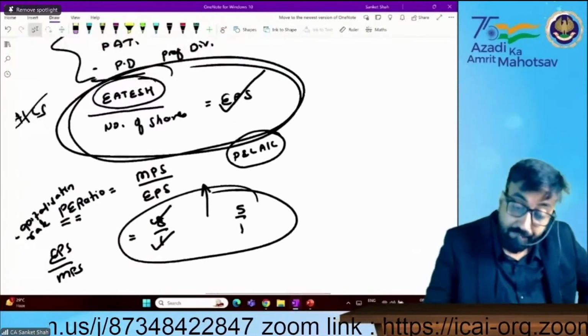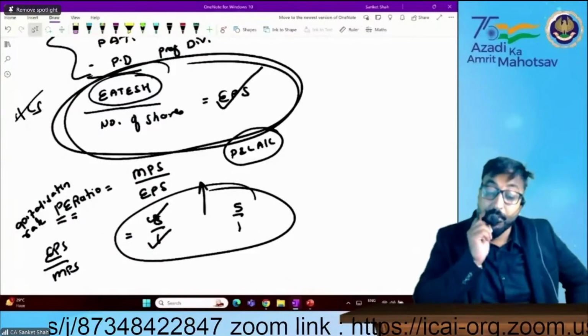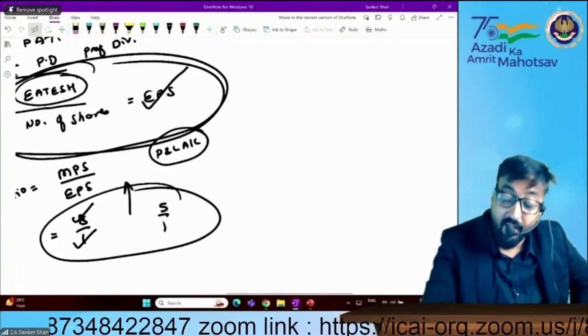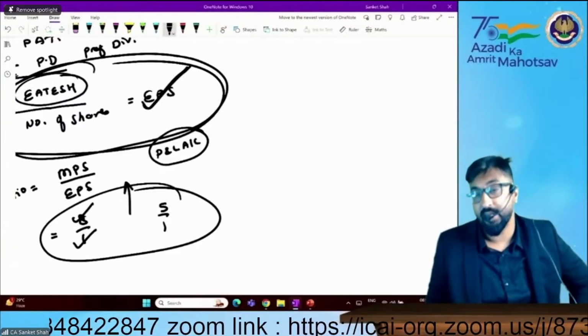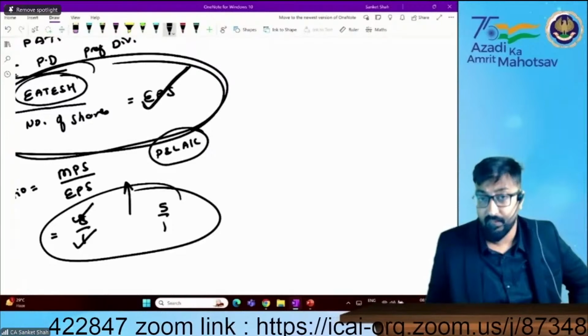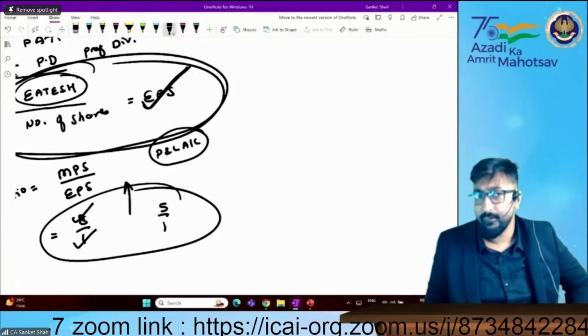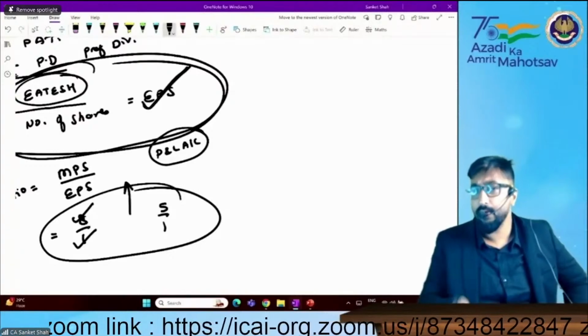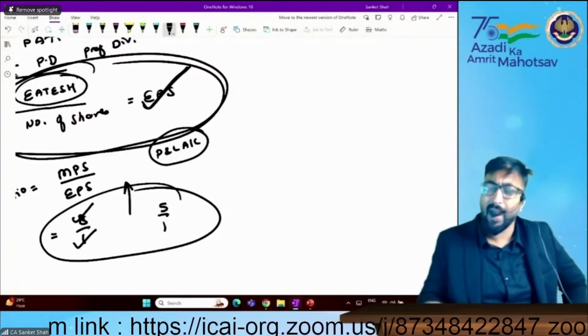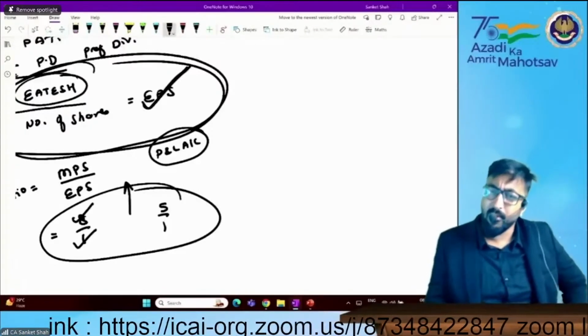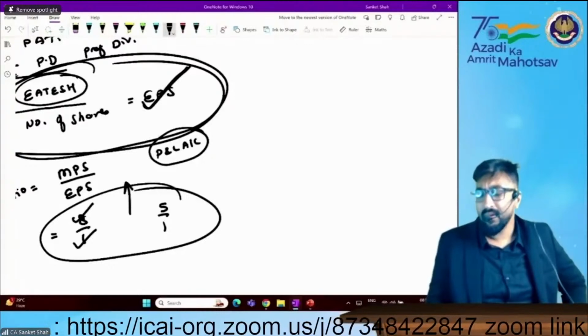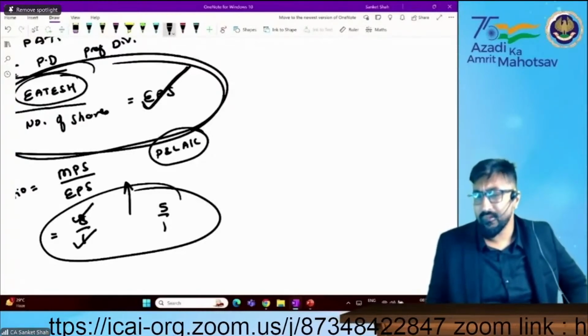Now, EBIT divided by number of shares, that is how we calculated earning per share. Sir, the question is, it's very simple. Then why do we need this accounting standard? Why was an accounting standard introduced? In financial management, the simple formula is there, earning per share, EBIT divided by number of shares.